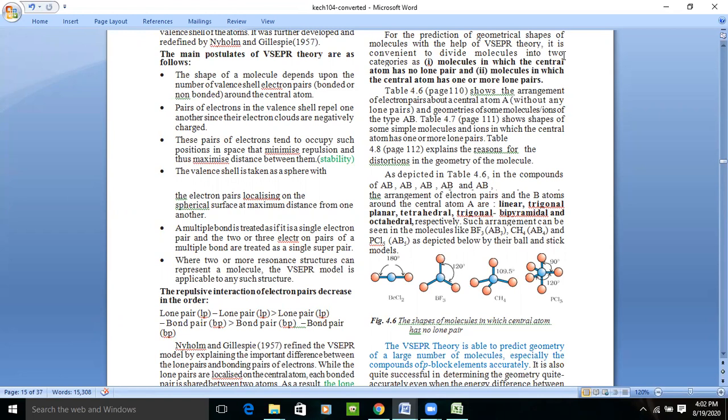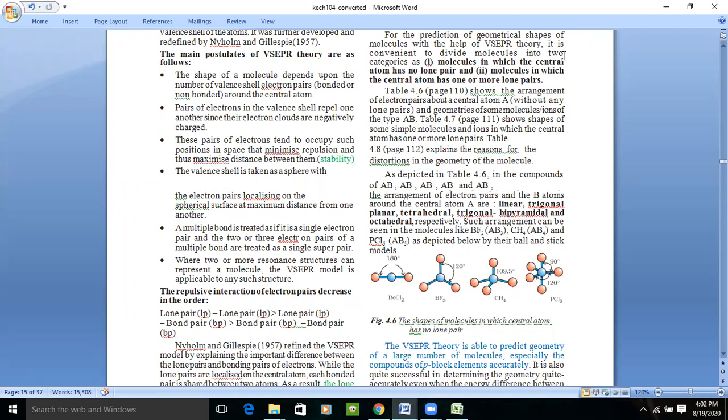Third, these pairs of electrons tend to occupy positions in space that minimize repulsion and maximize the distance between them. Means they attain a position where they experience minimum repulsion and maximum stability.